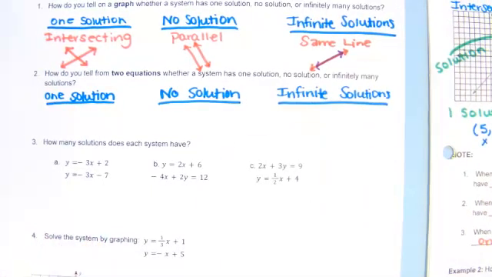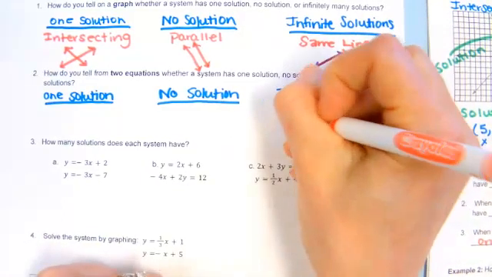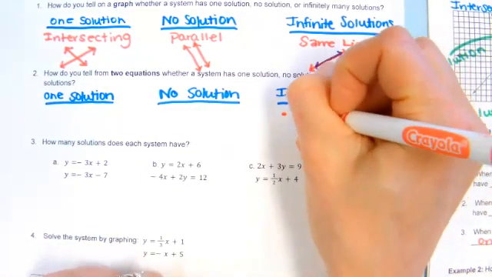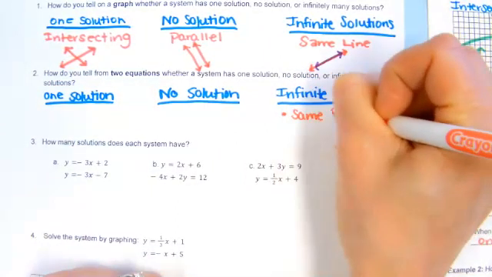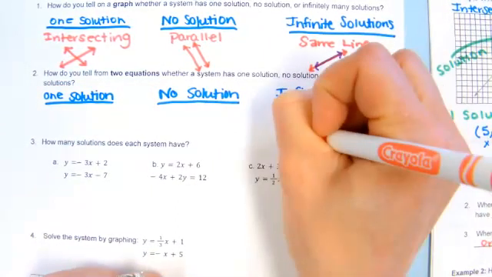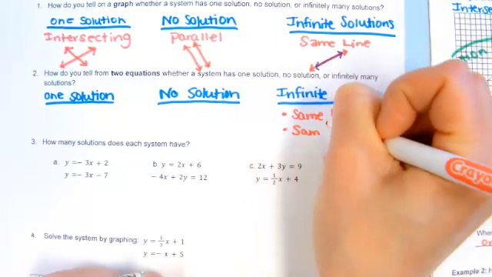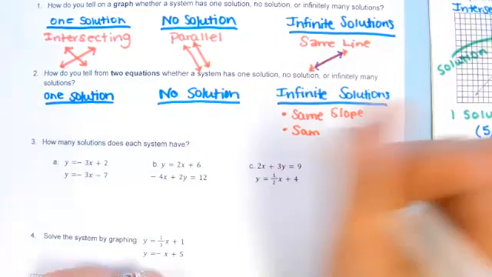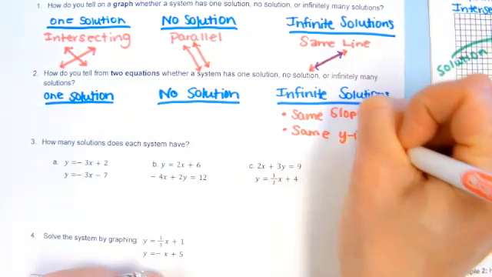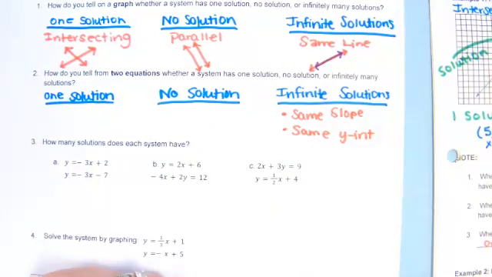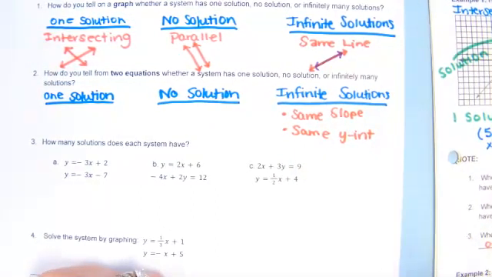Under infinite solutions, the important part is the same slope and the same y-intercept. That means it's going to be the same line.